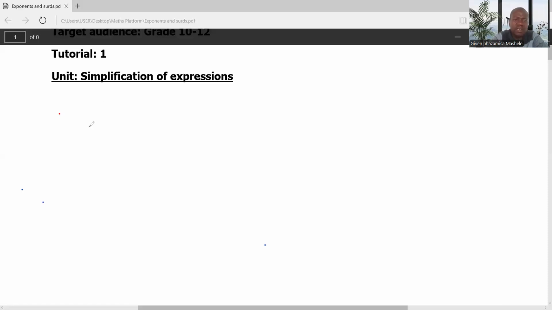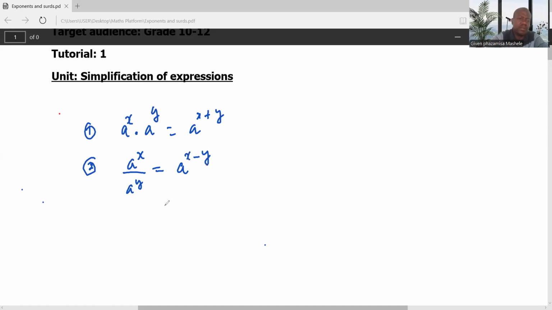So to summarize, number 1, a raised to the power of x multiplied by a raised to the power of y. For multiplication, take one base and add the exponents. Number 2, a raised to the power of x divided by a raised to the power of y. For division, when the bases are the same, you take one base and you subtract.